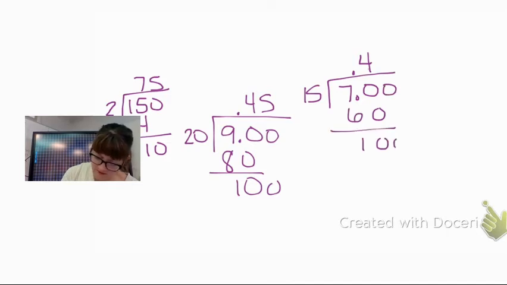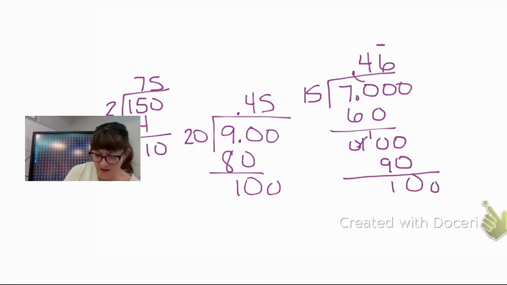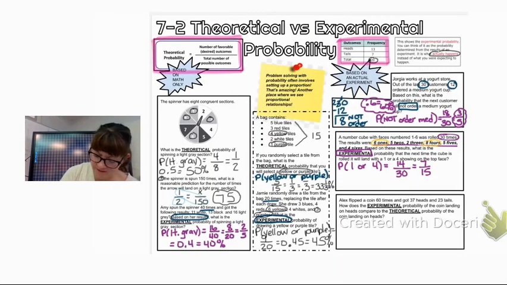Drop a 0. And 6 times would be 90. And that's going to repeat. So we could say about 47%. So based on his experiment, we got a 1 or a 4 about 47% of the time.